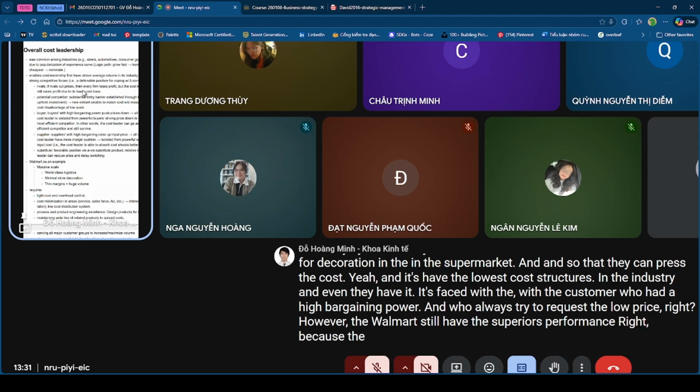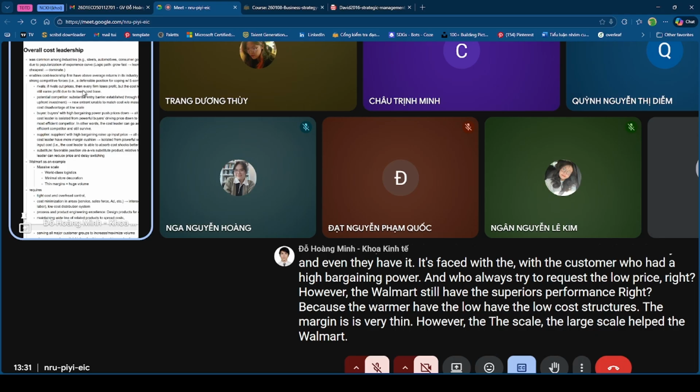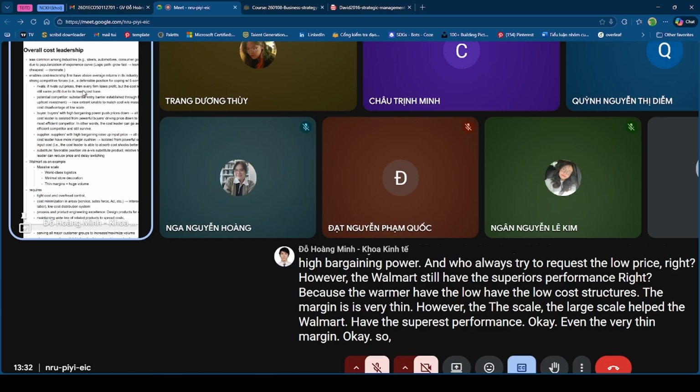Because Walmart has a low cost structure. The margin is very thin. However, the large scale helps Walmart have superior performance. Okay? Even with the very thin margin.